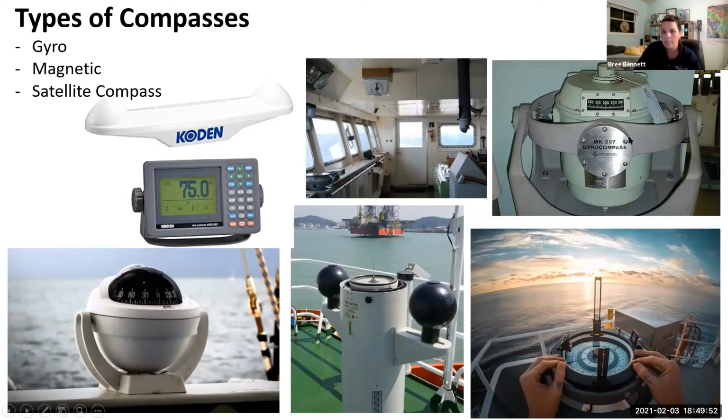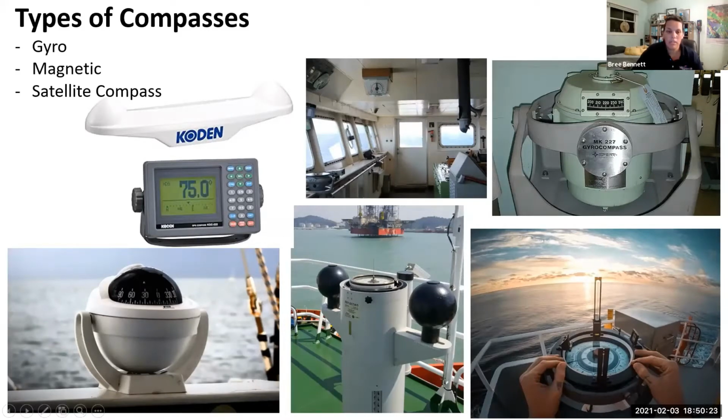And the gyro compass is kind of in a closet hidden away, and it looks like that. And then you have the gyro compass repeaters throughout the vessel that you use. So again, this image on the bottom right looks more like that compass card or compass rose that we're looking at. And that's what we use on larger vessels.